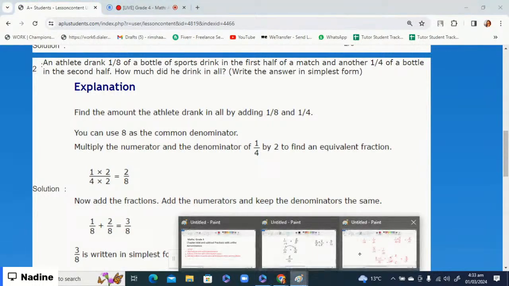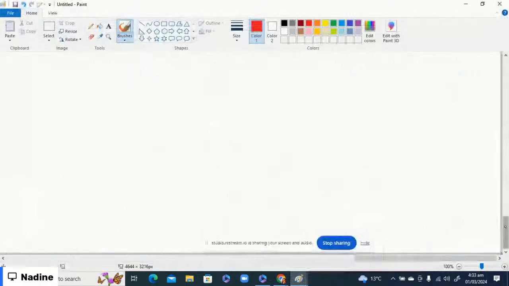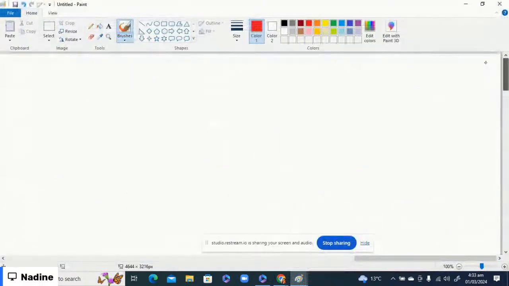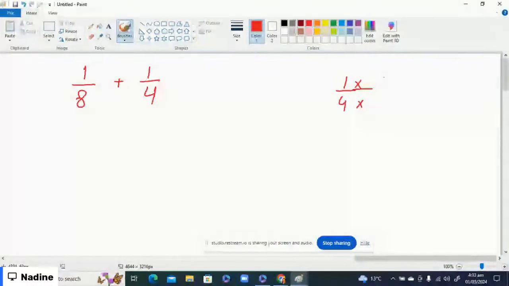Let's add 1 by 8 plus 1 over 4. Okay, so we are going to check the smallest one. 1 by 4, and we make the 8 as a common denominator, because the 8 is the greatest number.